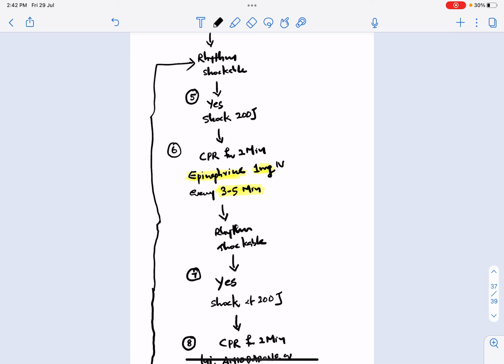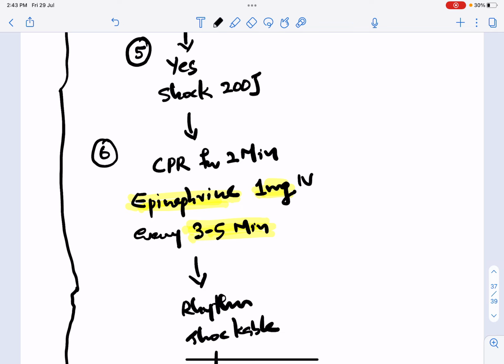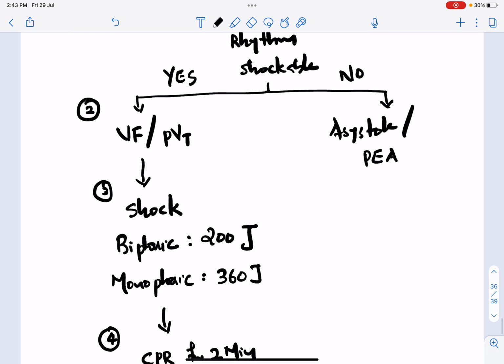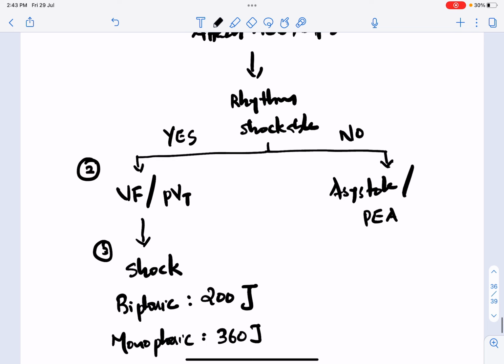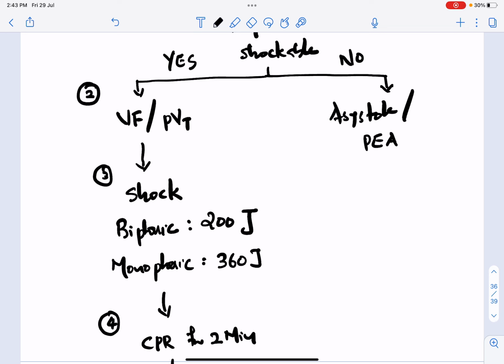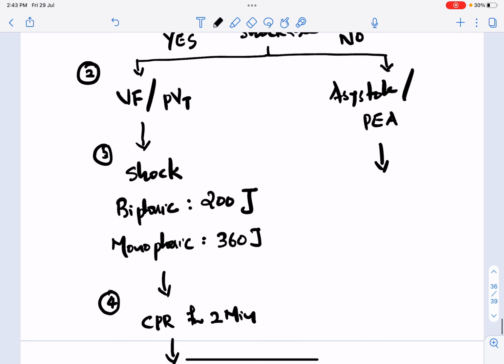But if in between, after giving the first shock, the second time you are getting a non-shockable rhythm, we have to look for the protocol of non-shockable rhythm. That is asystole or pulseless electrical activity. Immediately after attaching the defibrillator, if you are seeing asystole or pulseless electrical activity, you have to load your drug, injection adrenaline, as early as possible.